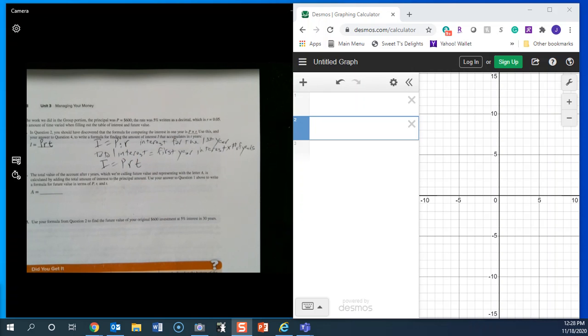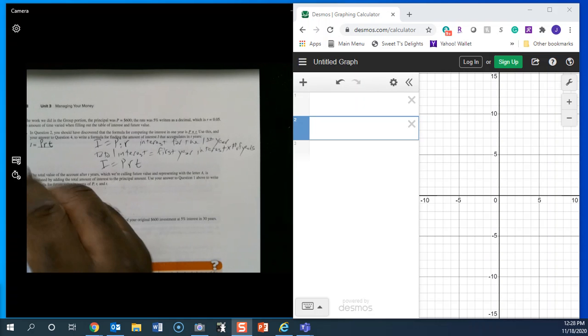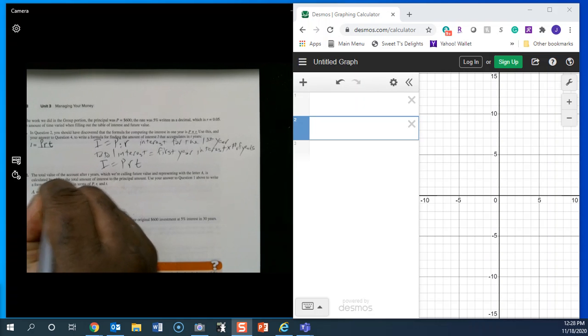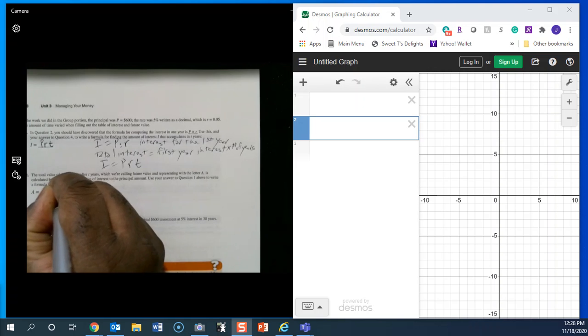Now for number 2, it says the total value of the account after T years, which we're calling future value and representing with the letter A, is calculated by adding the total amount of interest to the principal amount. Use your answer to question 1 above to write a formula for future value in terms of P, R, and T. So you add the principal plus the interest.